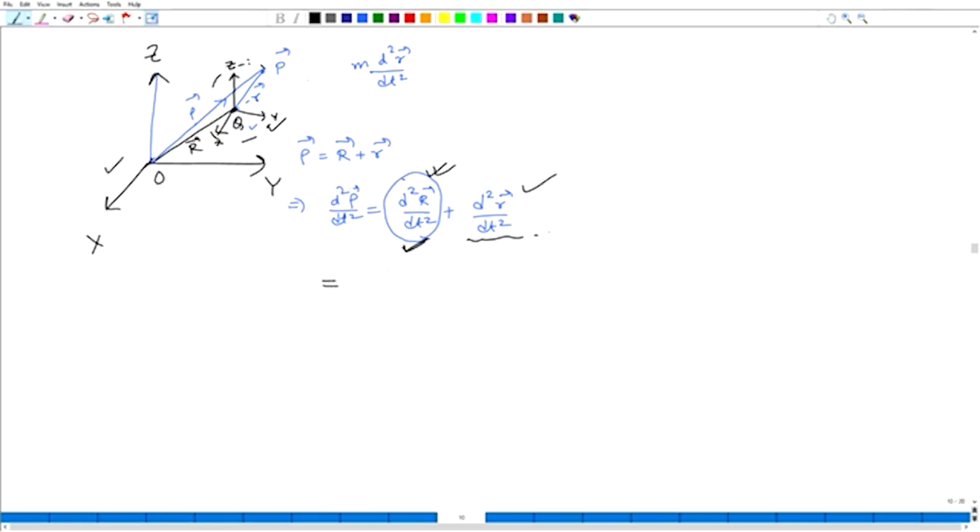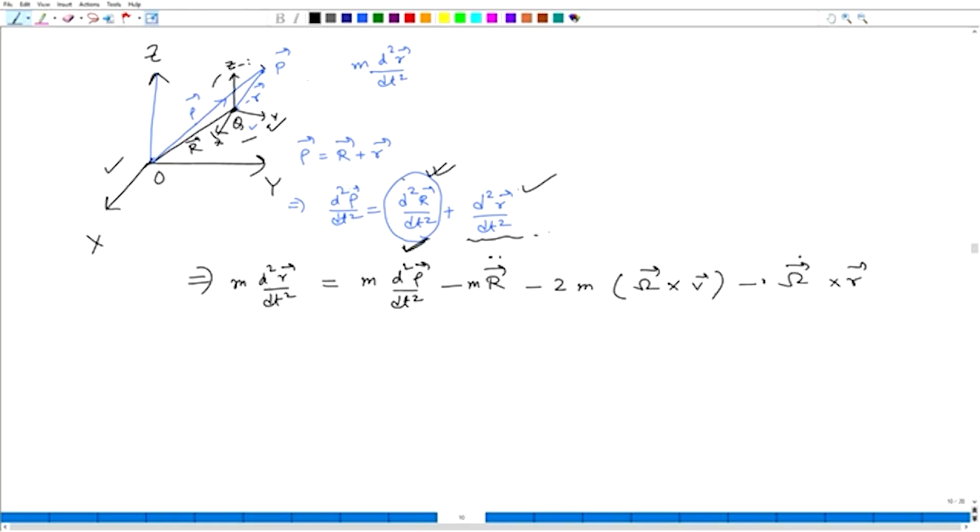If I write it in a proper way, m d2r/dt2 (small r) will be equal to m(d2rho/dt2 minus R double dot), I am just writing in a concise way, minus 2m omega cross v, minus m omega dot cross r, minus m omega cross (omega cross r).